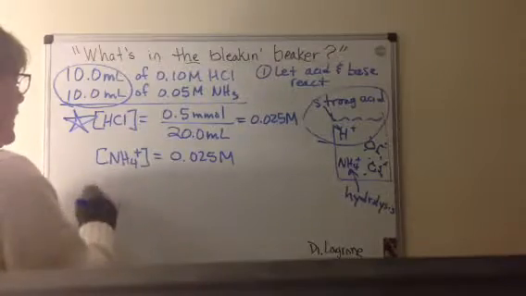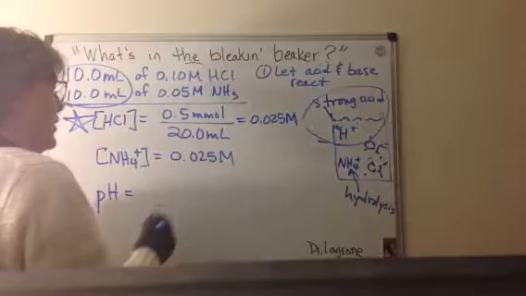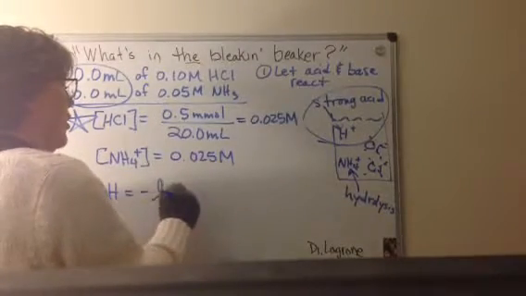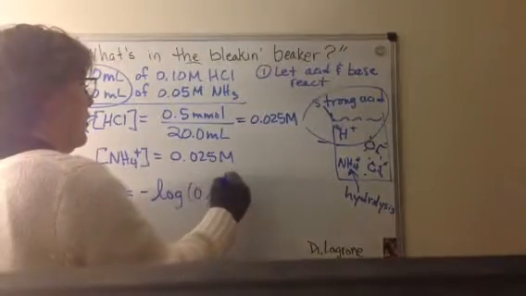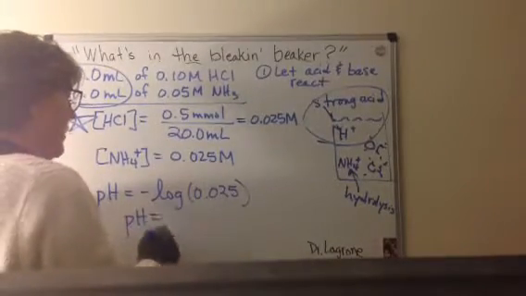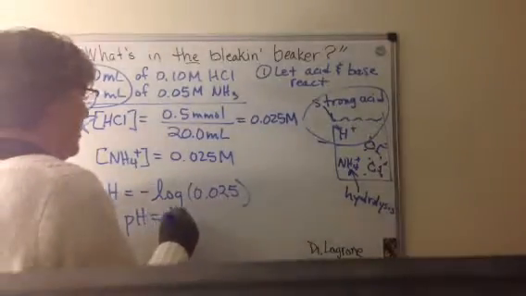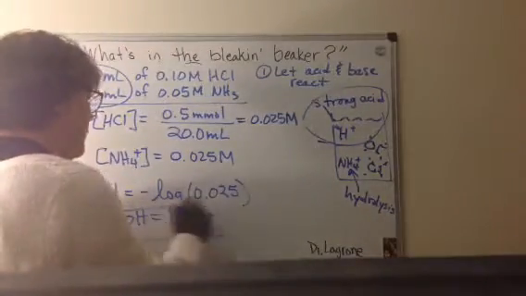So pH is determined by the strongest one in, which is HCl. Negative log of that 0.025 molar. Notice we don't have any RICE table. This isn't an equilibrium. And we get negative log of 0.025, and we get 1.60 for my pH of that solution.